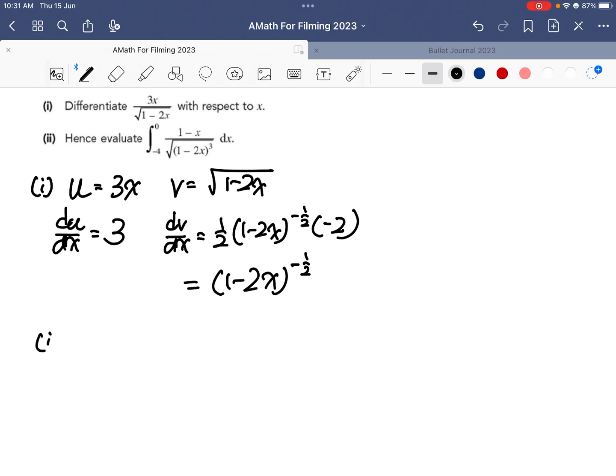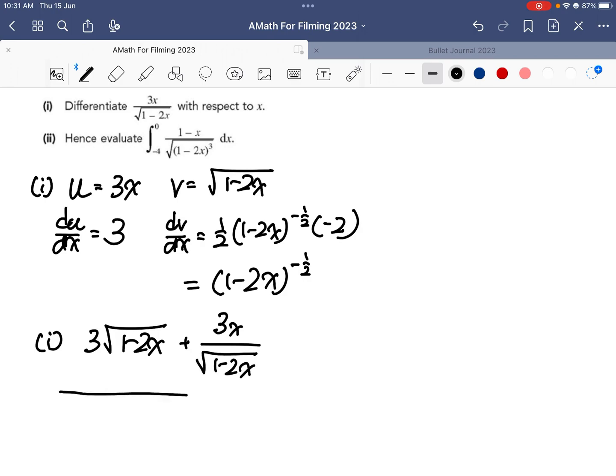Hence, if I differentiate that, what I will get is v du/dx, so 3 root of 1 minus 2x, plus u dv/dx, so 3x over square root of 1 minus 2x, divided by v squared, so 1 minus 2x.